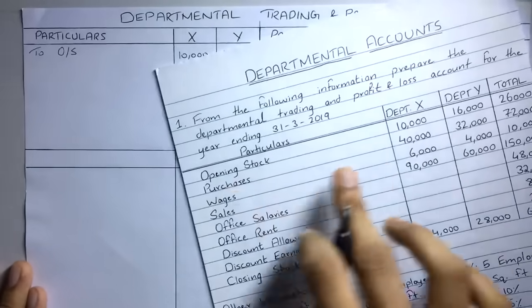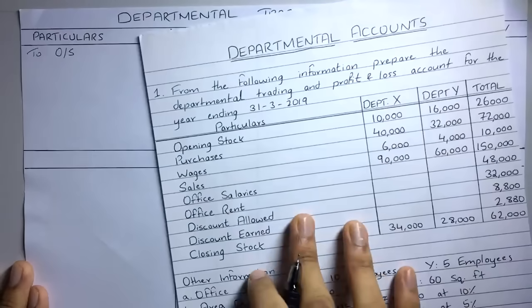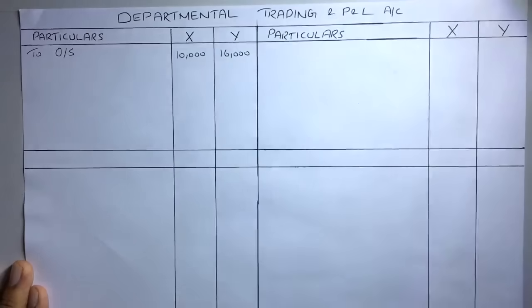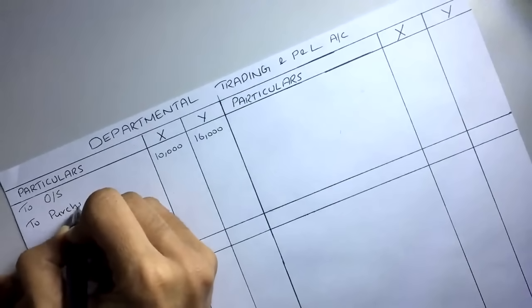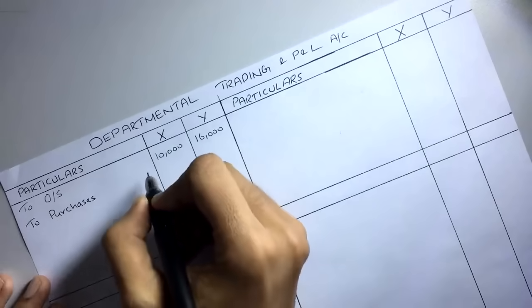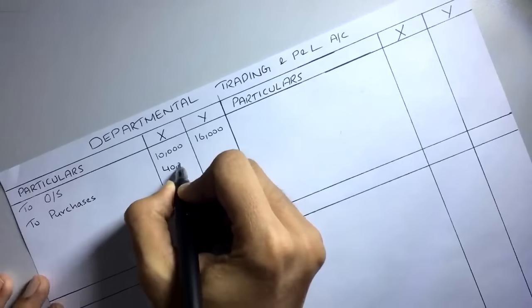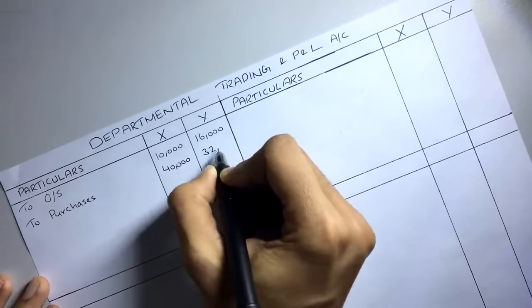Next we have purchases of 40,000 and 32,000. So we will take that. To purchases. Purchases are always debited in the trading account. To purchases 40,000 and 32,000.